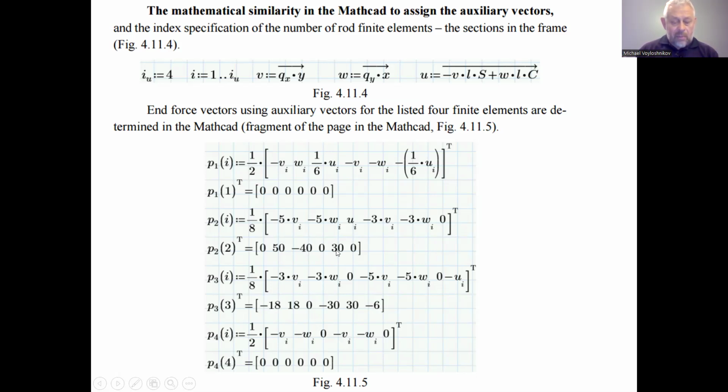The distributed load of magnitude 20 multiplied by the length of the finite element, 4 meters, gives us 80 total force acting on the second finite element in the projection on the ordinate axis, distributed like 50 to the embedding and 30 to the end.